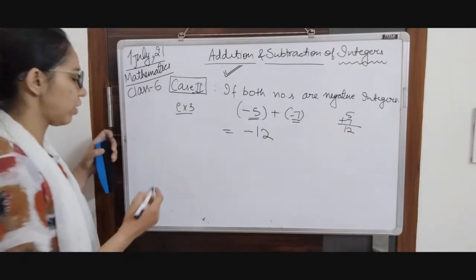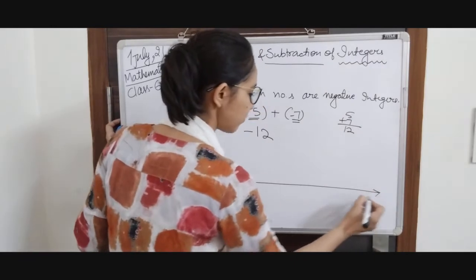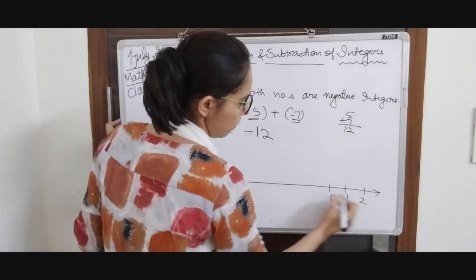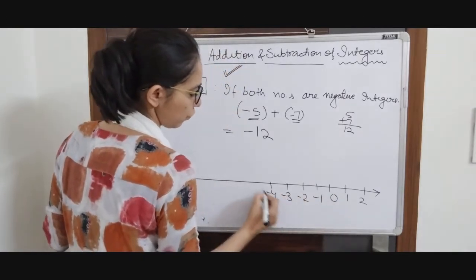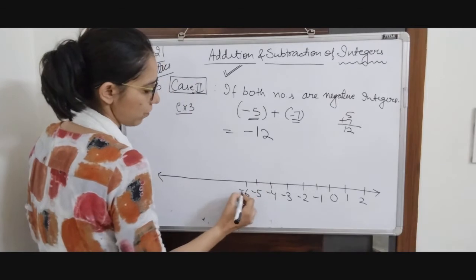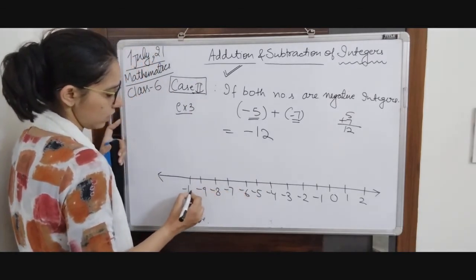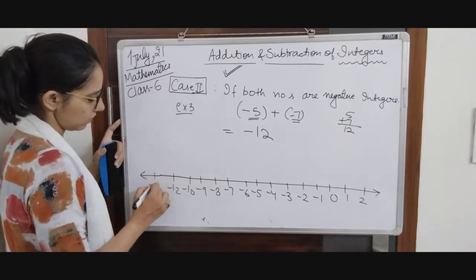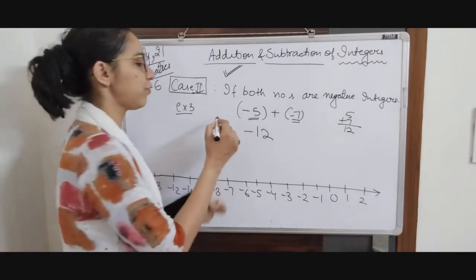We are going to draw the number line now. Because we have 12, we can take 0, 1, 2, minus 1, minus 2, minus 3, minus 4, minus 5, minus 6, minus 7, minus 8, minus 9, minus 10, minus 12. Now I will start with my first number.